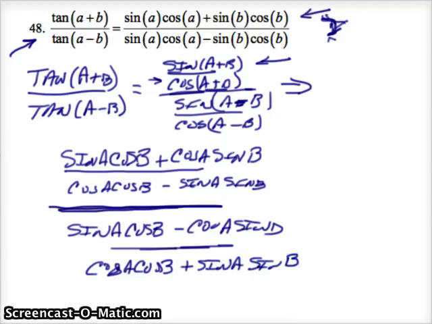Okay, now if we look up here at the top again, notice we have sine A cosine A. How would we get that from this situation we're showing here? That's a very good question. Now, notice we've got so many factors here, and it'd be very hard to simplify this expression.